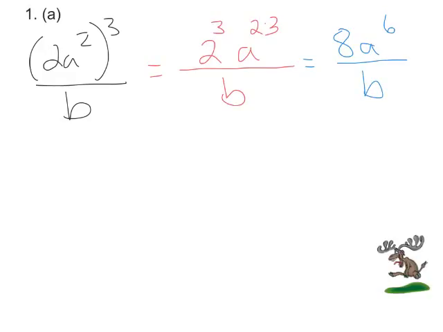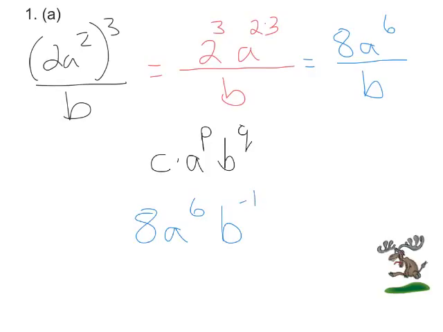Because the question is asking us to write it in the form of c times a to the p, b to the q, what they're wanting us to do is have it so there are no fractions. So what we have here is our c is the 8, and then we have a to the 6th, and b to the -1. And that's our final answer.